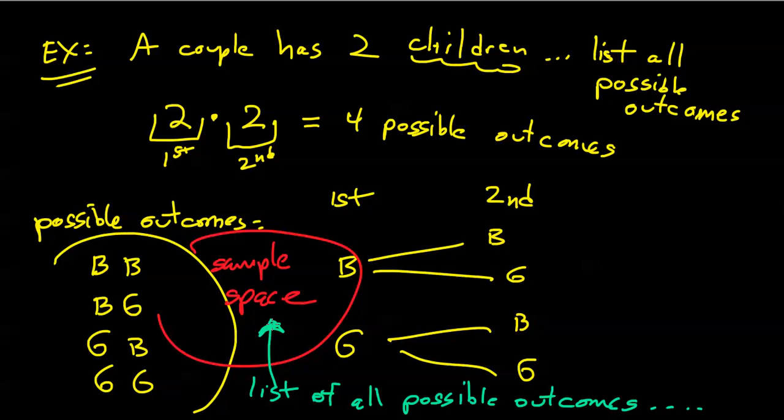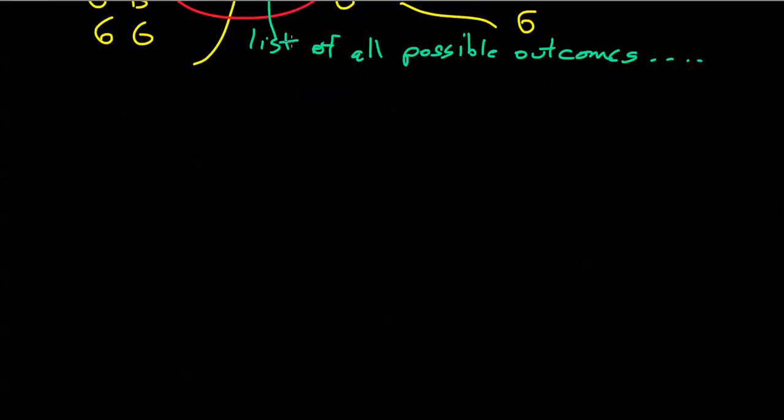Okay, so sample space, fancy name for the list of all possible outcomes. All right, so if we're having 2 children, all possible outcomes can be expressed in that list of 4 outcomes. So let's remember that if you have 2 children, you've got 4 possible outcomes, again allowing any child to be of any gender and in any order.